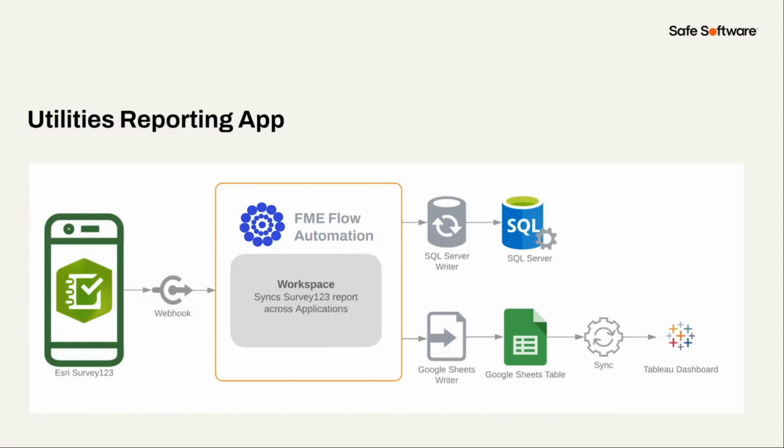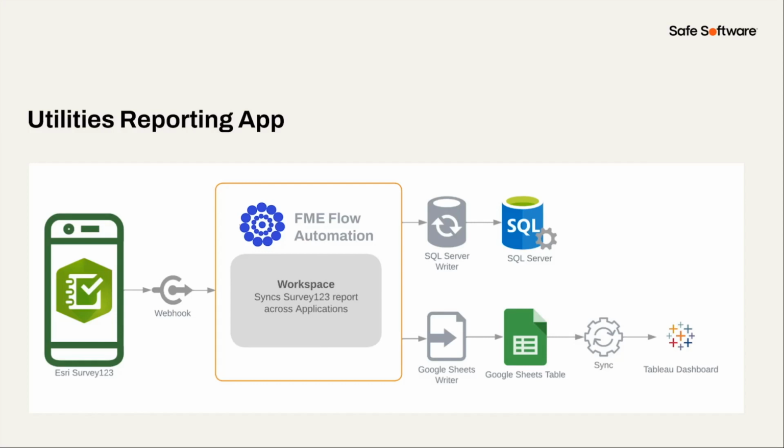And here's a quick overview of the workflow that we're going to be working with today. On the left, you can see we have our Survey123 app. When the user submits a survey, it'll trigger a webhook payload that'll be sent to our FME automation through that webhook trigger.